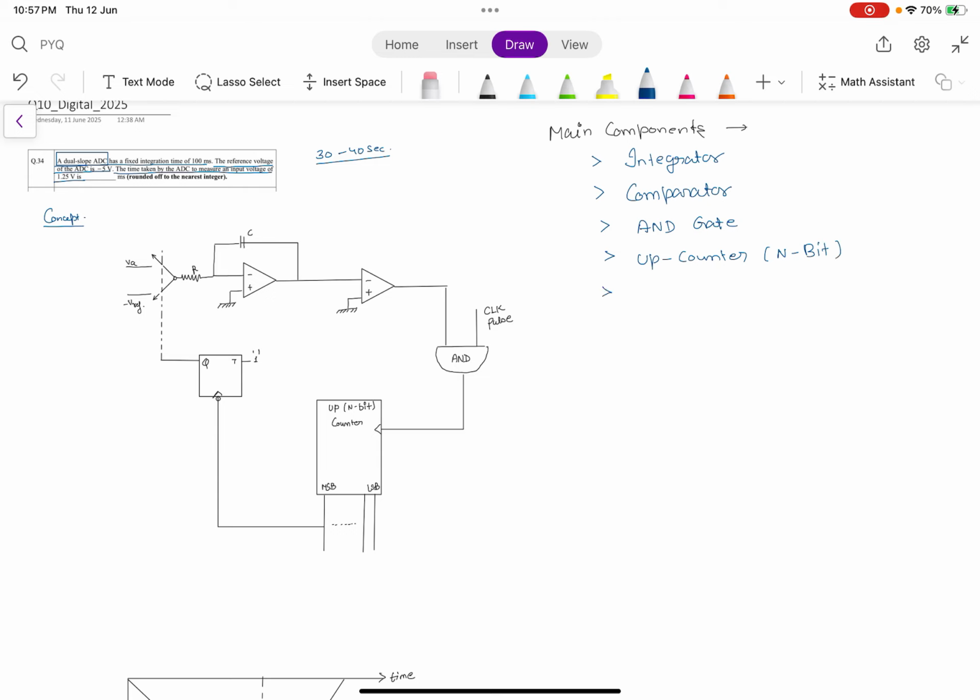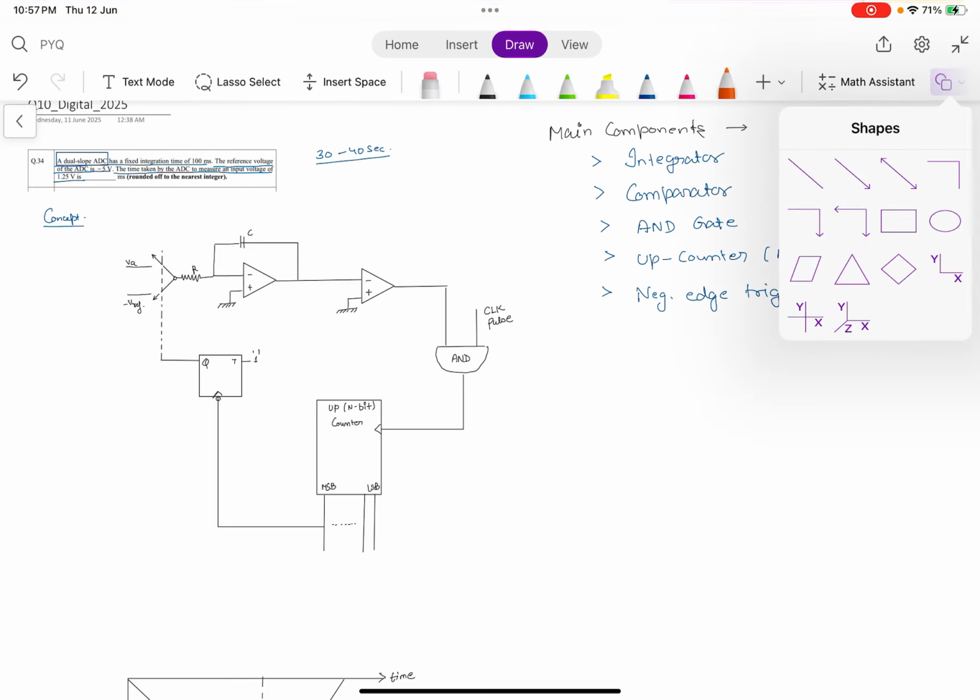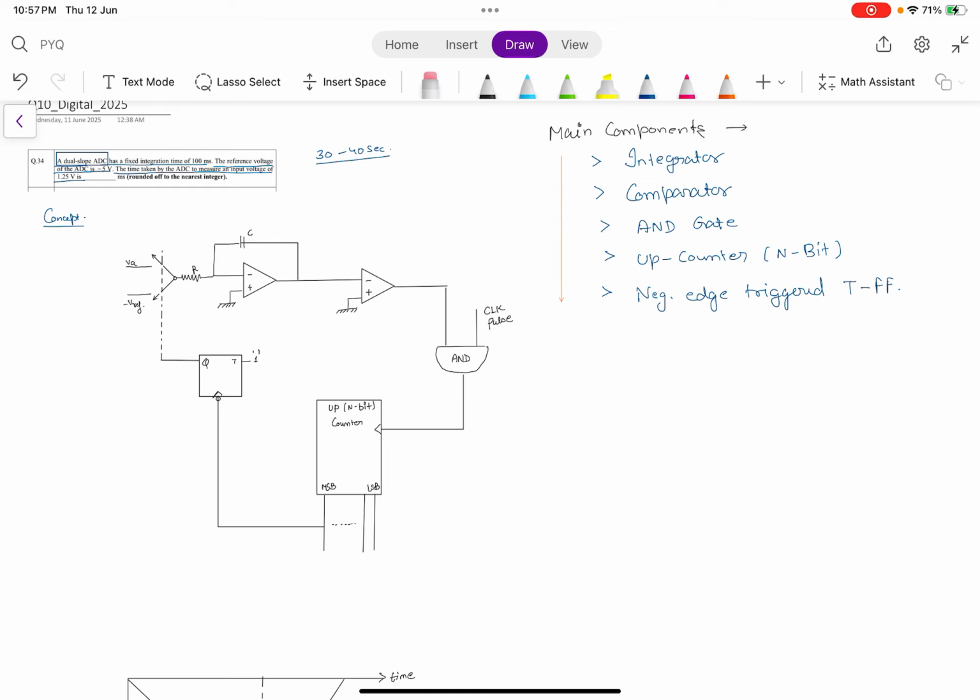And fifth is your negative edge triggered T flip-flop. This is your flow of working.